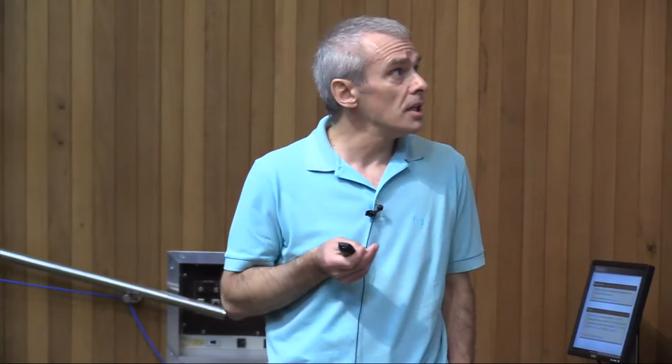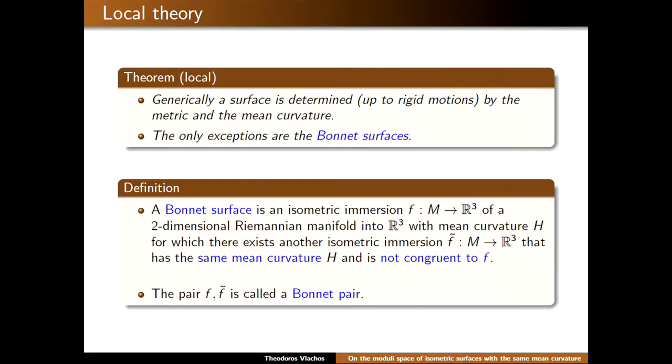A Bonnet surface is an isometric immersion of a two-dimensional Riemannian manifold into the three-dimensional Euclidean space, for which there exists another isometric immersion that has the same mean curvature. We say that this other isometric immersion together with the first constitute a Bonnet pair.